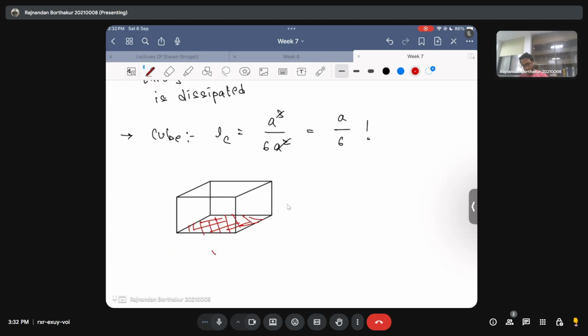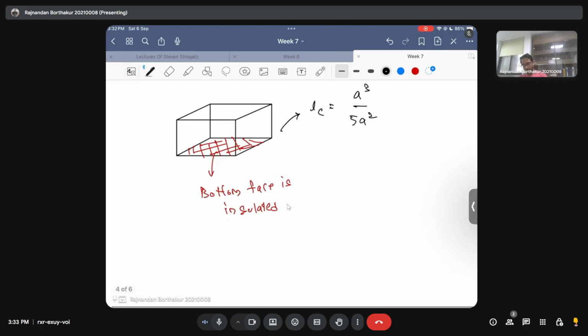So the bottom face is insulated, and the only way heat can pass through is by the other 5 faces. Then your Lc will basically be your volume a cube divided by 5a square. That is typically because you are insulating the bottom face in this scenario.